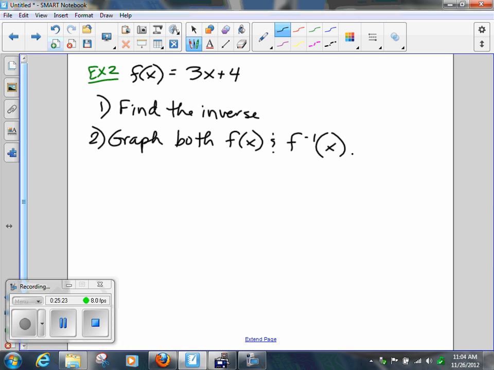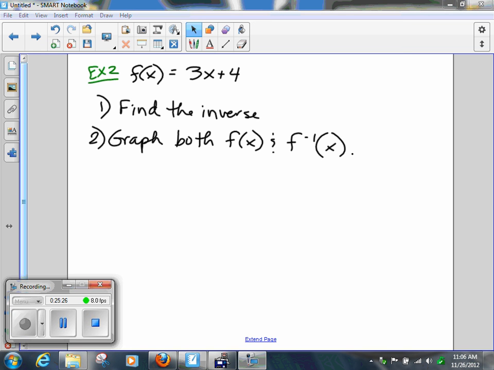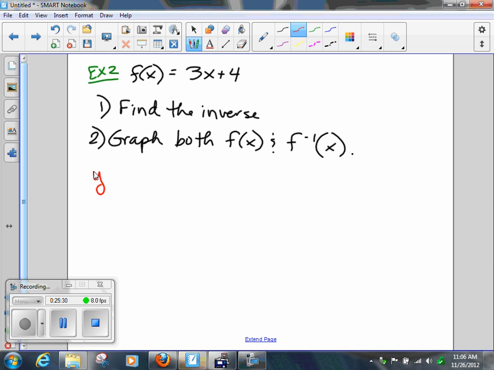Do that for me now. What's the easy part? Switch the x and the y. All right, so we've got y is equal to 3x plus 4, and I'm going to switch: x is equal to 3y plus 4, subtract 4.